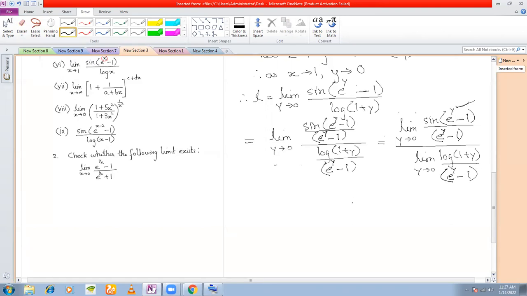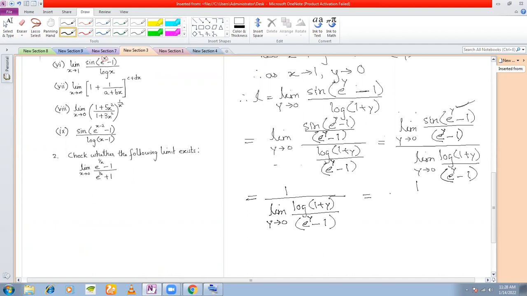Now, what is the numerator? Numerator is the standard limit, so this will become 1. And what am I left with in the denominator? Limit y tends to 0 log 1 plus y by e to the power of y minus 1. Now we have to deal with only the denominator part.